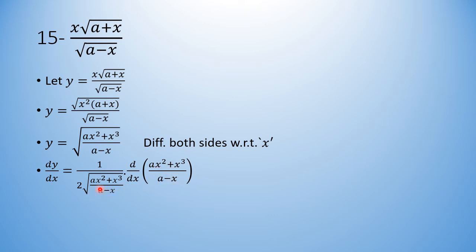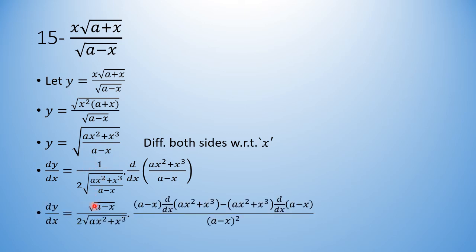Meanwhile, we are going to write the square root of a minus x above here. You can see square root of a minus x comes here. This 2 remains there. This square root of ax square plus x cube remains there. And we are going to apply quotient rule. This is the denominator. This is the numerator.